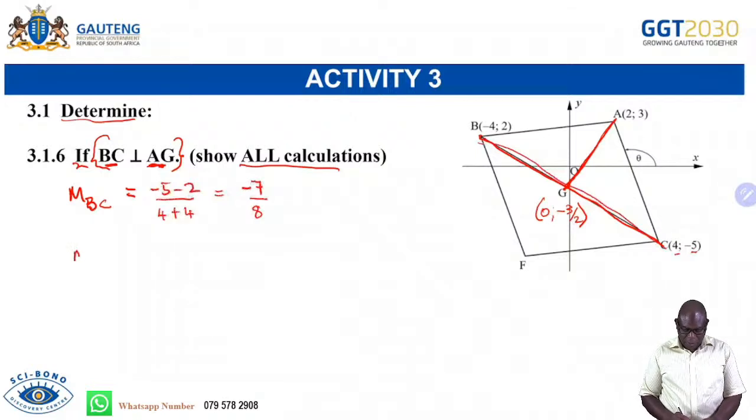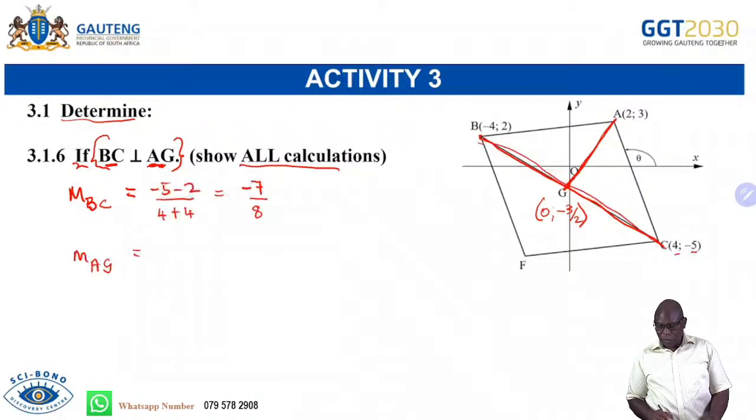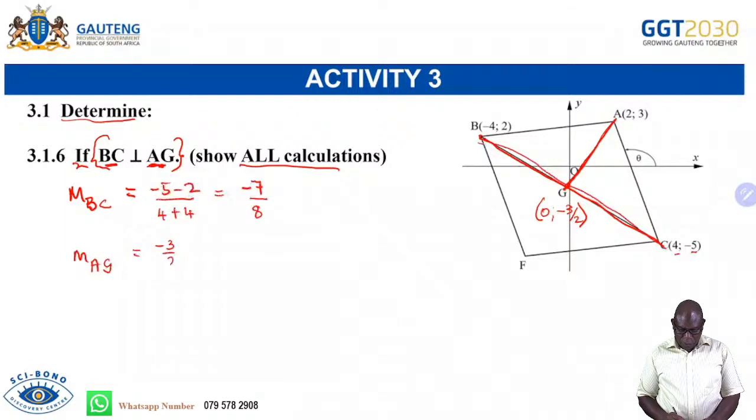Now we need the gradient of AG. The gradient of AG will be -3 over 2 minus 3, all over 0 minus 2. Please don't stress yourself with multiplying out and all that.